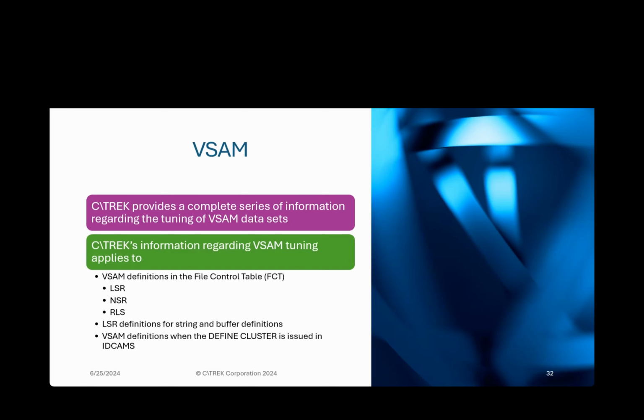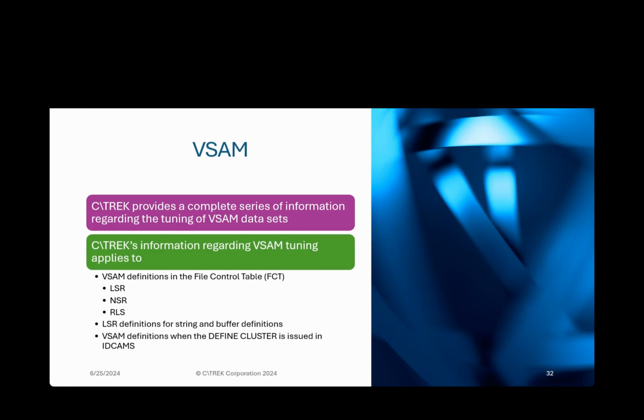We'll show you this also: C-Trek will calculate for you the actual look-aside hit ratio you're getting for a file. Look at the LSR buffer pool percentage. For example, it says the 20K buffer is getting a 92% look-aside hit ratio.